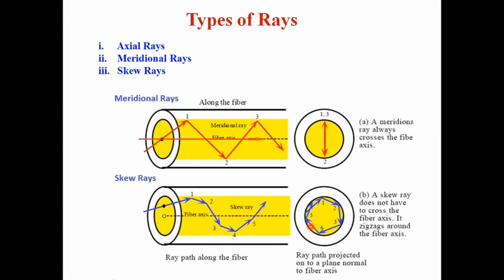The front cross section of the meridional ray is surface to surface crossing the center axis, whereas in the front cross section of the fiber, the skew ray travels from surface to surface in a helical shape. These are the different types of rays which travel through optical fiber.